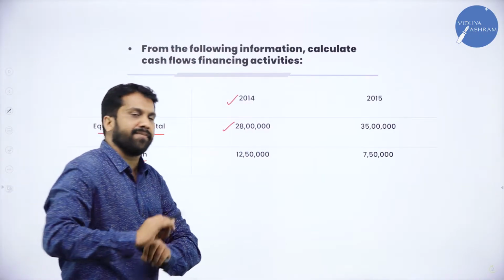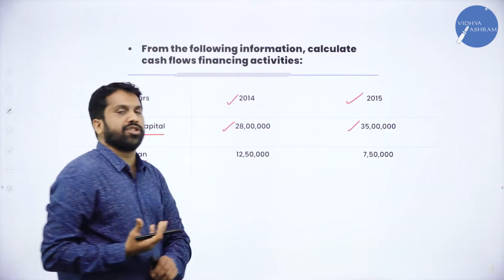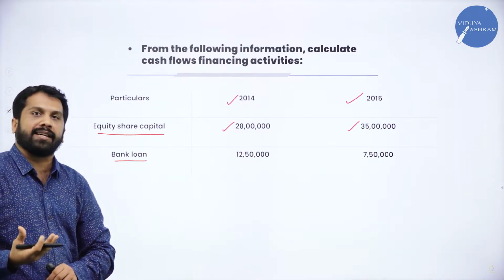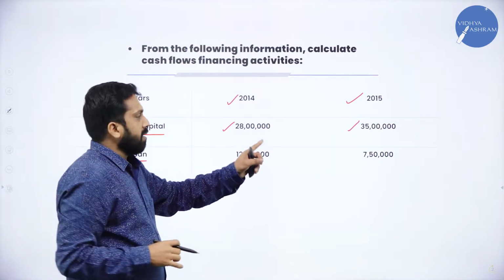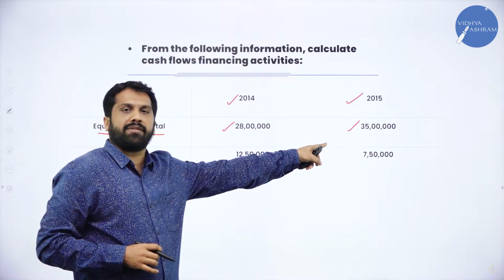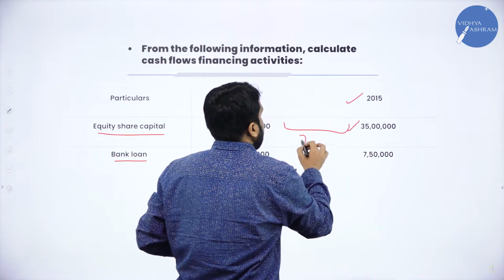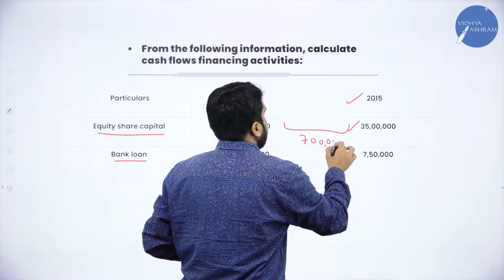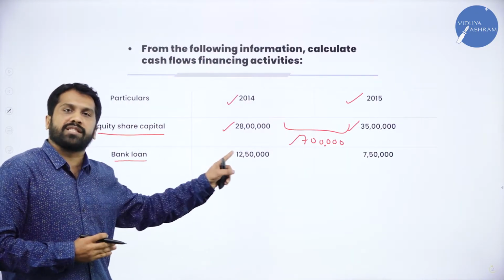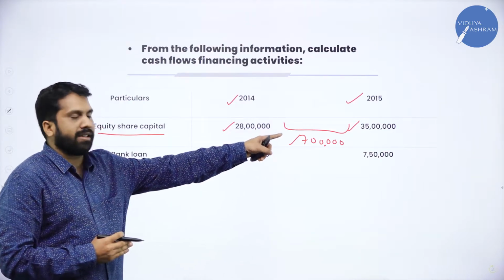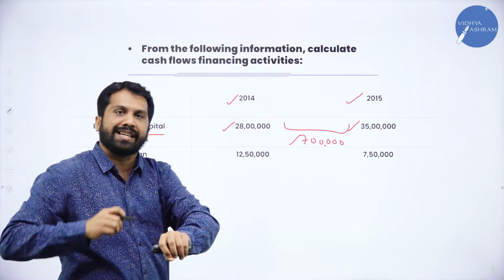In 2015, what was your share capital? 35 lakh. Means last year it was 28, this year your equity shares is 35, means 7 lakh you have taken from outsiders.